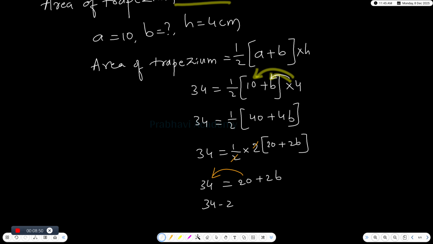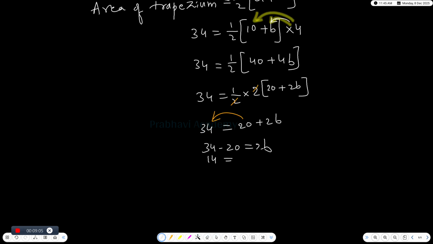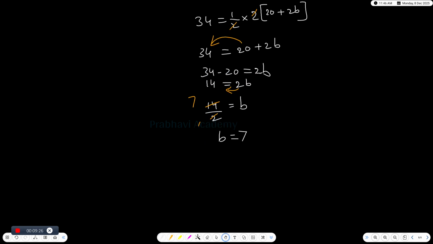So 34 minus 20 is equal to 2b, and here it is 14, not 12. 14 is equal to 2b and b is equal to, again 2 I have to take this side, it is multiplied with b so it will be divided into 14. So now b is equal to 2 ones are 2, 2 sevens are 14. So b is 7. That means the other parallel side is 7. So this is the answer.